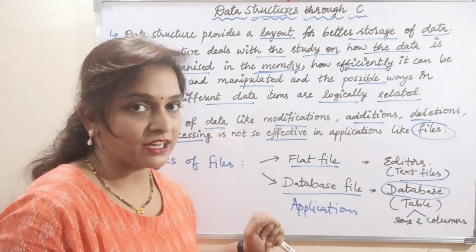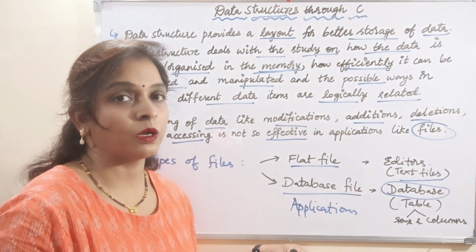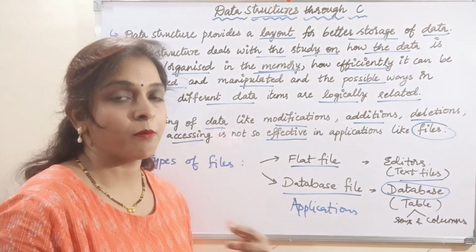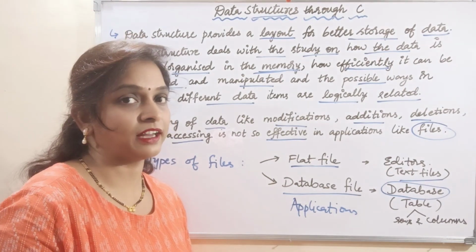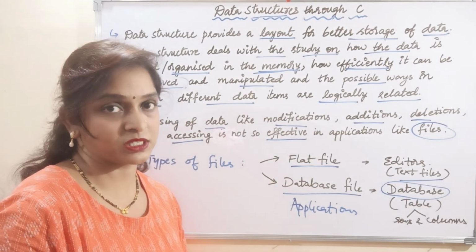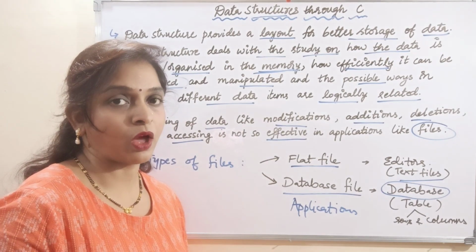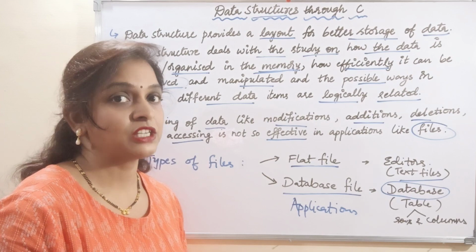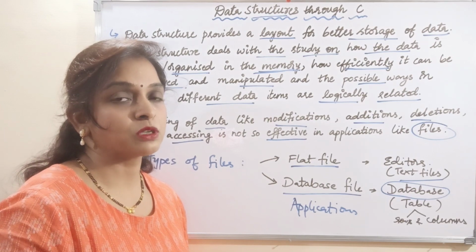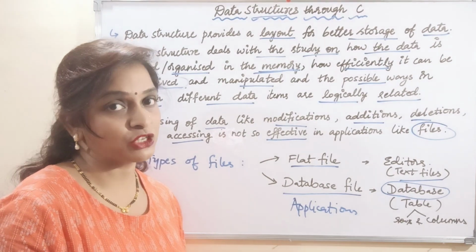In the case of text files, storing the data, accessing the data, modifying the data, deleting the data, everything is quite tedious. Say, for example, you have a Word document with 100 pages. Just imagine if you want to do some modifications, you have to go through many pages.